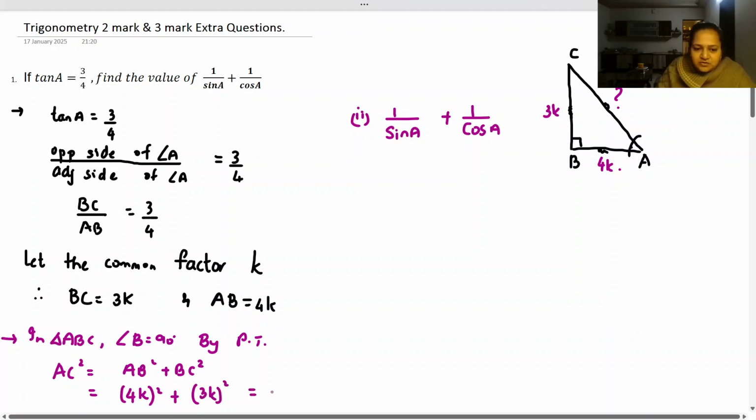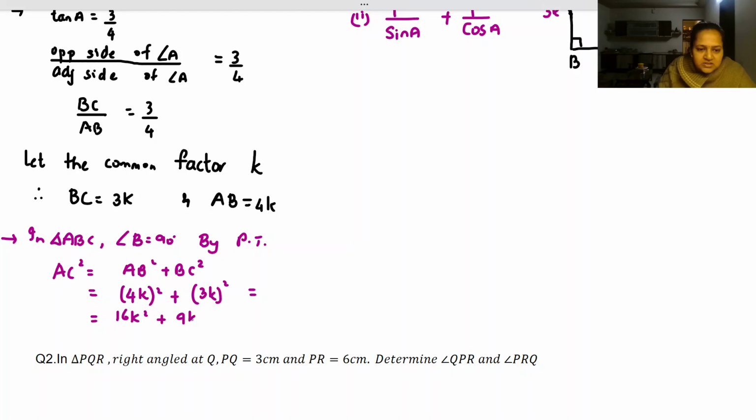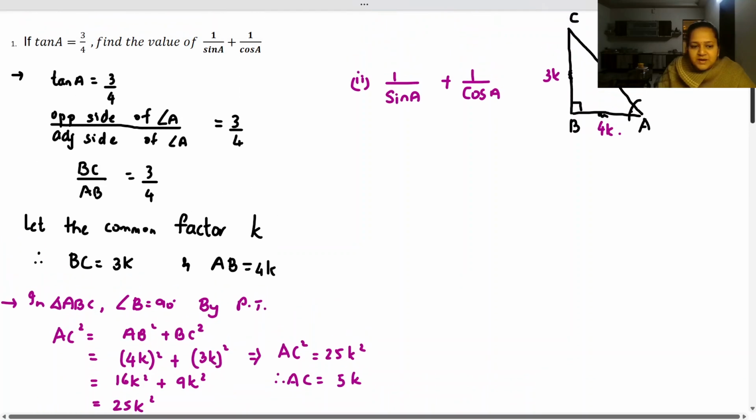On simplification, we get 16K square, because 4 square is 16, and 3K square, which is 9K square, which is 25K square. So we got AC square is 25K square, and therefore AC is the square root of 25, which is 5, and that of K square, K. So we got AC as 5K.